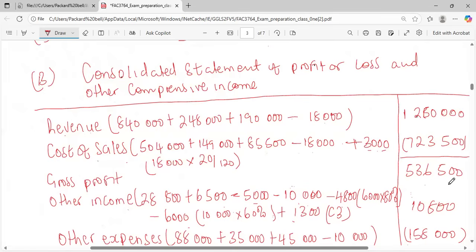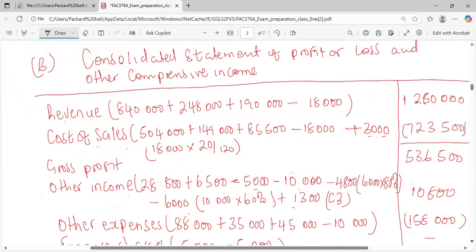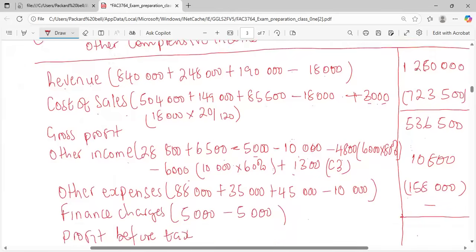We add 536,500 plus 10,800 minus 158,000. It's going to give us how much? 389,300. That's the profit before tax.